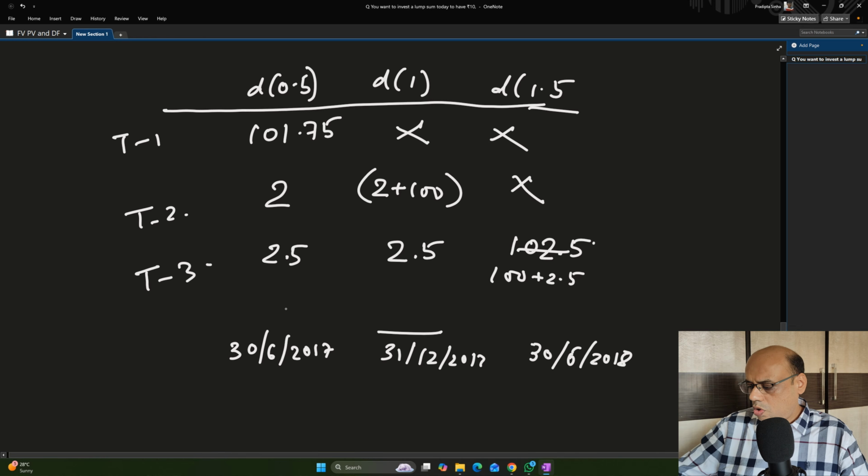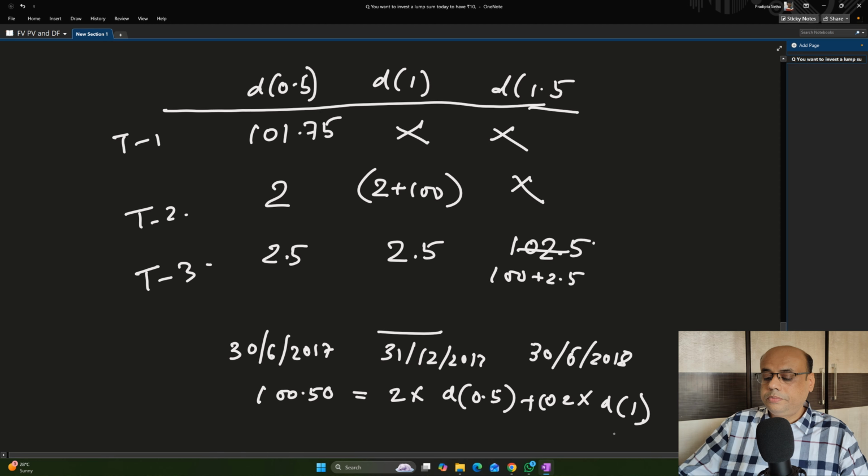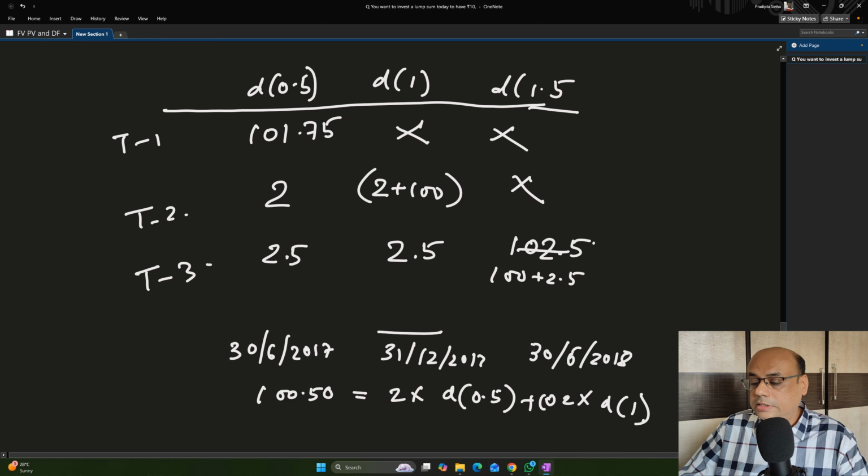So 100.50 is equal to 2 into D of 0.5 plus 102 into D of 1. So with this we can figure out the final answer.